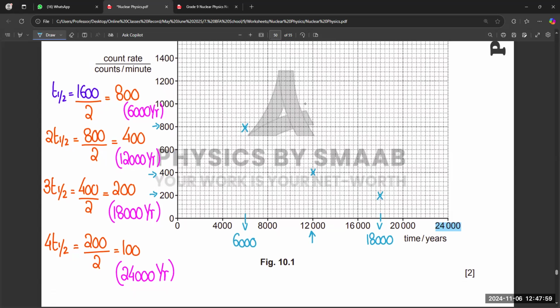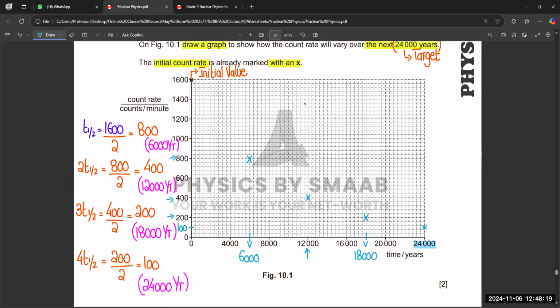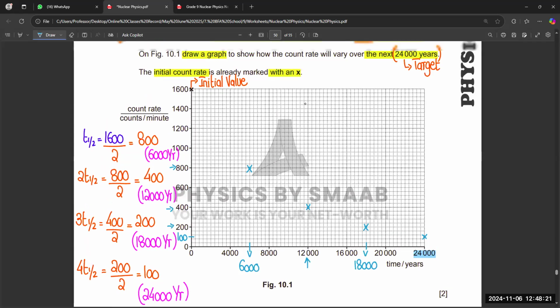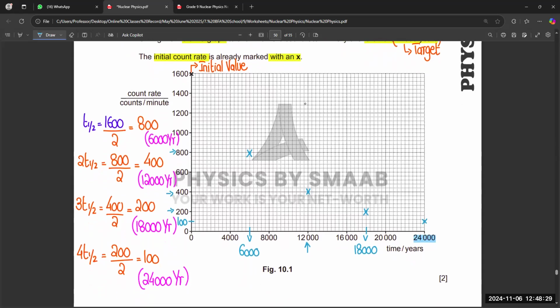And finally, 100, 24,000 years. So between 0 and 200, we will get 100, right? So this is the whole graphical representation, and we also reach the targeted value given in the question, which is 24,000 years. So in 24,000 years, this element decays to the value of 100 counts per minute.